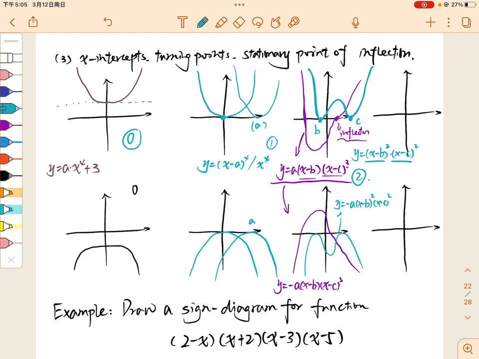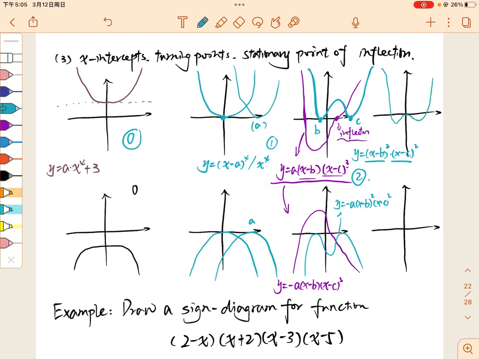And lastly, when you have 3 points of x-intercept, that is where you have something like this. I drew this one terribly.